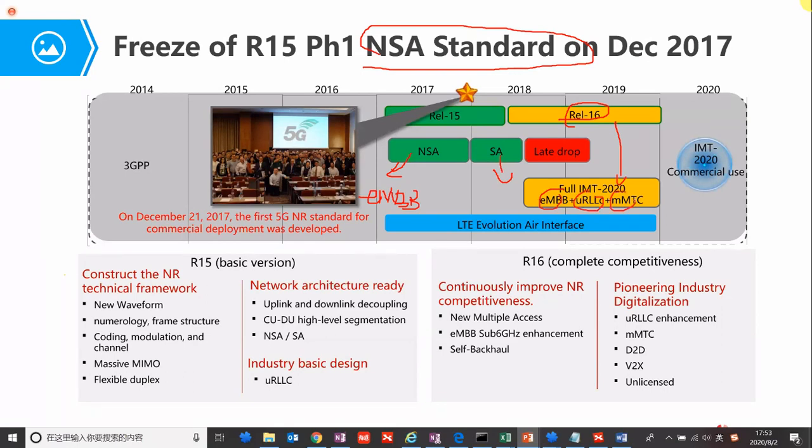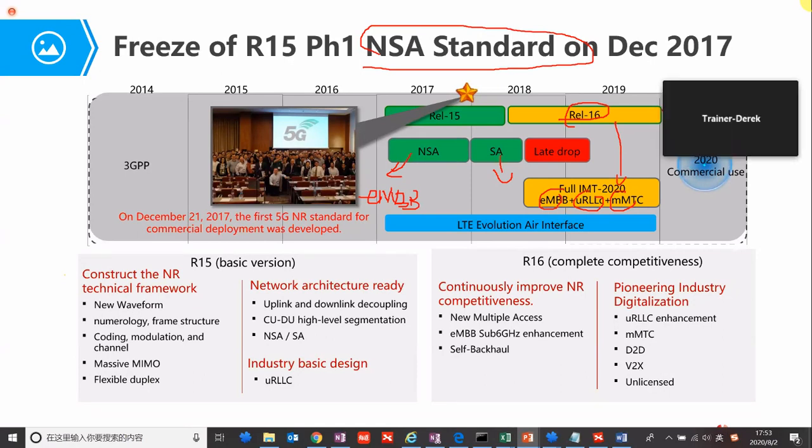This is our standardization, and actually R16 was frozen last month.